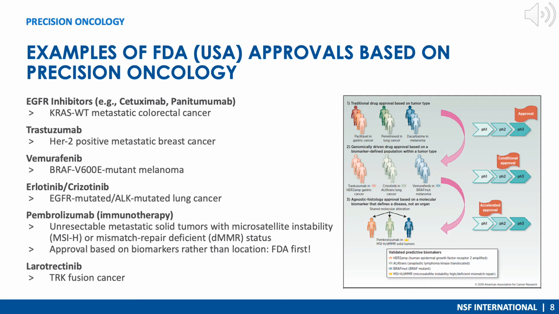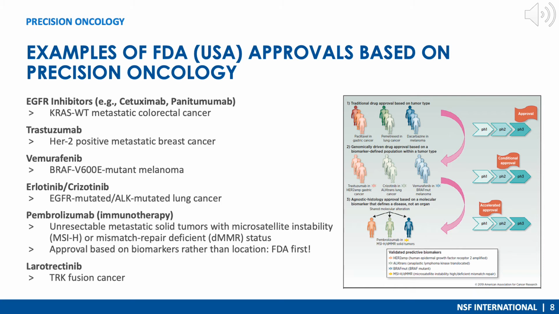As you know, traditionally, drugs are approved based on tumor type. With the advances in the last decade, we now have genomically driven drug approval based on biomarker-defined population within a tumor type. Examples include vemurafenib approval for melanoma cancer patients with V600E mutation in the BRAF protein.